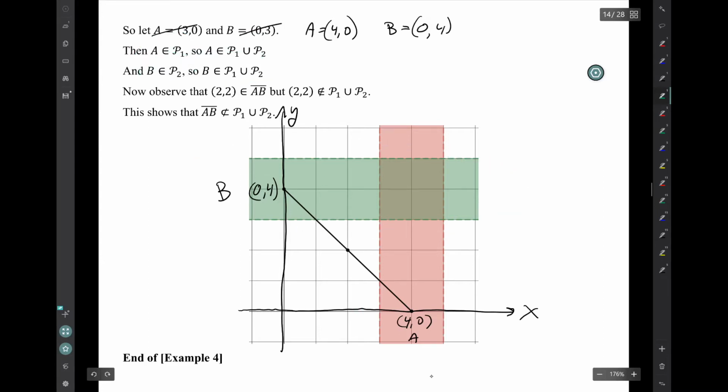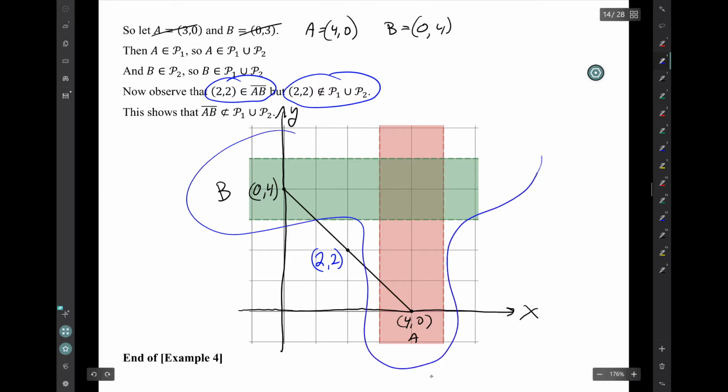Now observe that this point (2, 2) is an element of the segment AB. But (2, 2) is not an element of the union. (2, 2) is not in this overlapping region that's the union of those stripes.